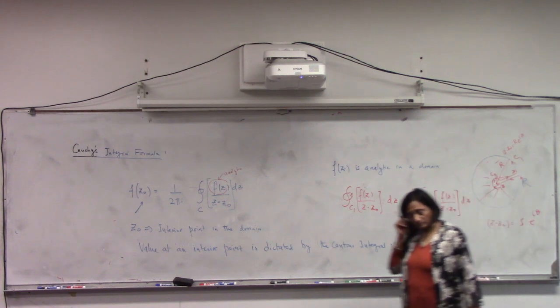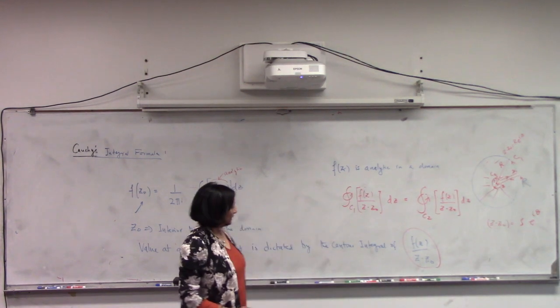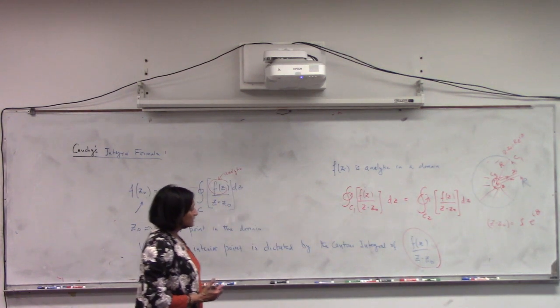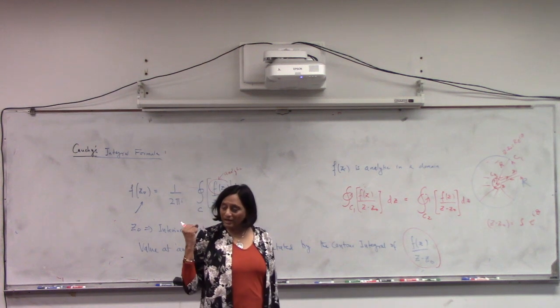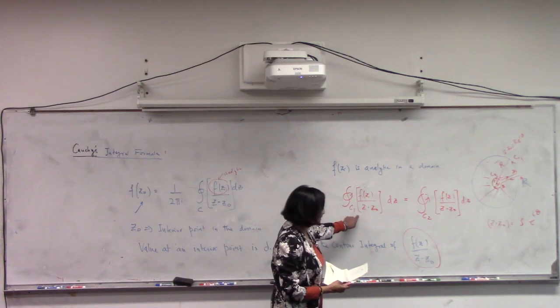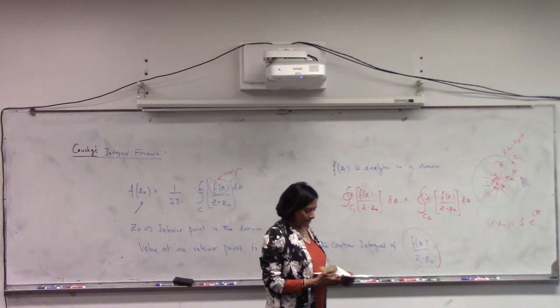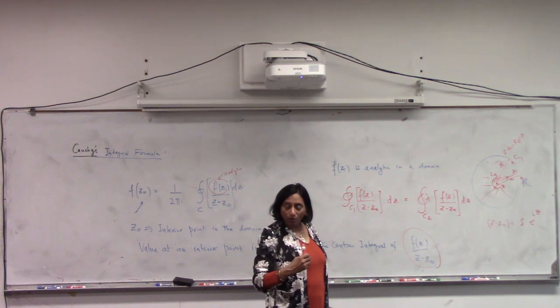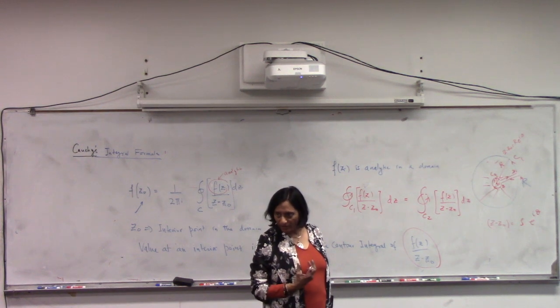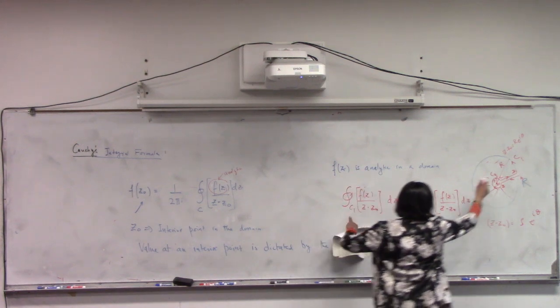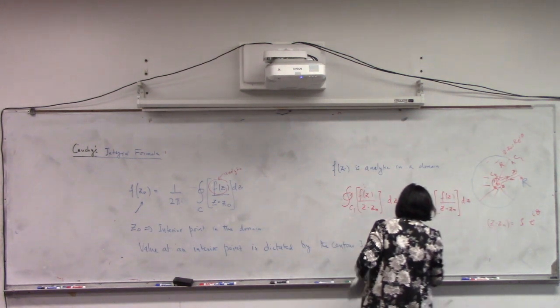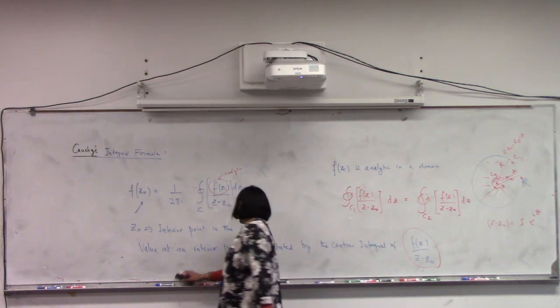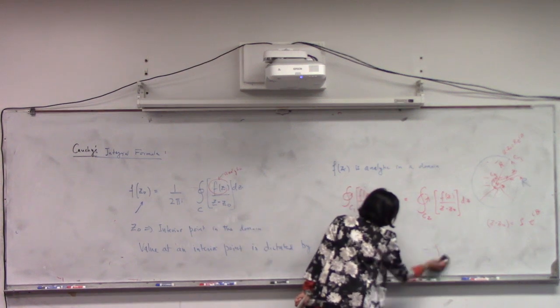Alright, now what we will do is, I want to evaluate this integral. I'll make rho tend to 0 and try to see what I can get. Okay, so we know these two have to be the same.